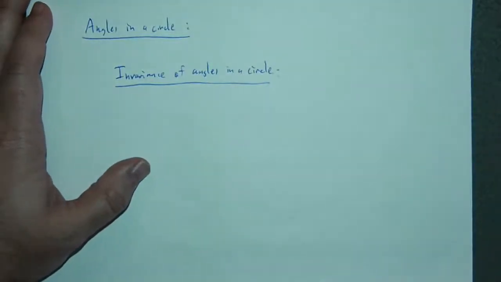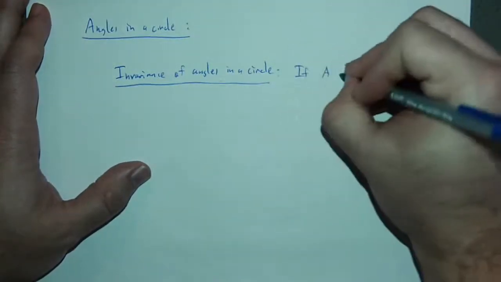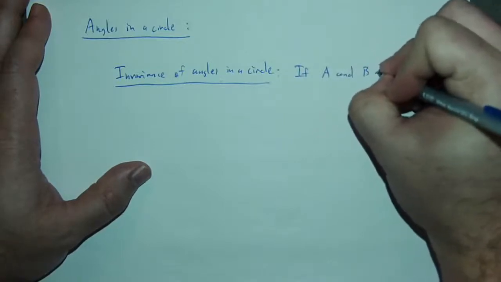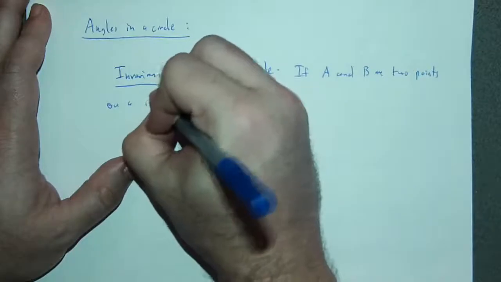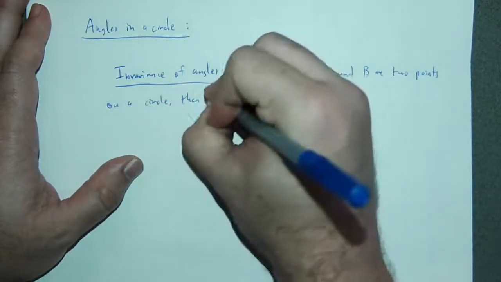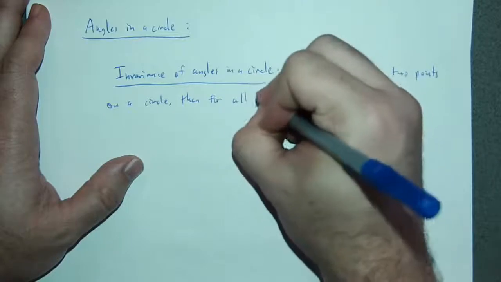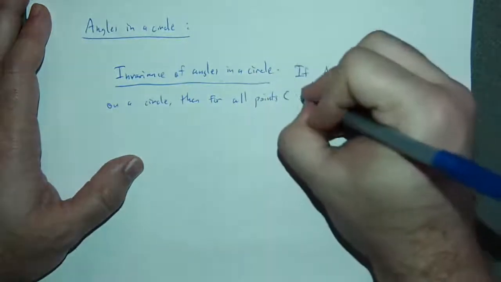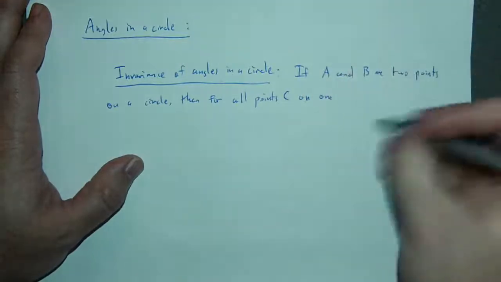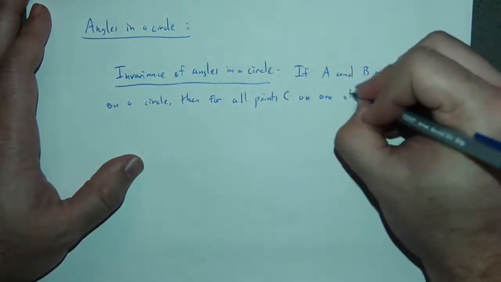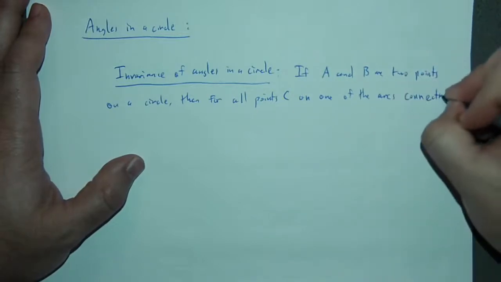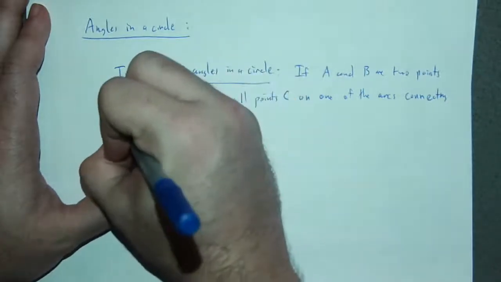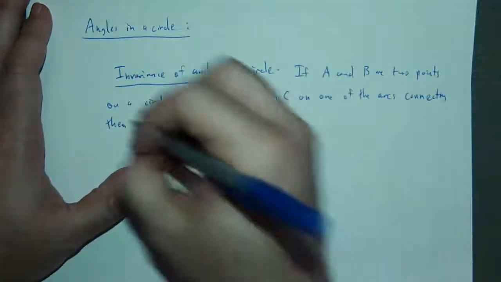So invariance of angles in a circle. That is, if A and B are two points on a circle, then for all points C on one of the arcs connecting A and B, the angle ACB is constant.